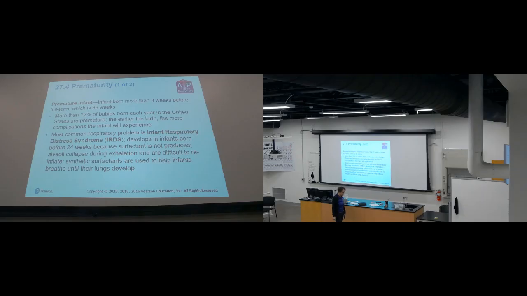Okay, so prematurity. A premature infant is one that is born 3 weeks before full term, which is about 38 weeks. There is some percentage of babies that are born preterm; here in the United States it is 12%. And the earlier the baby is born, the greater the chances of problems, including IRDS, which stands for Infant Respiratory Distress Syndrome.